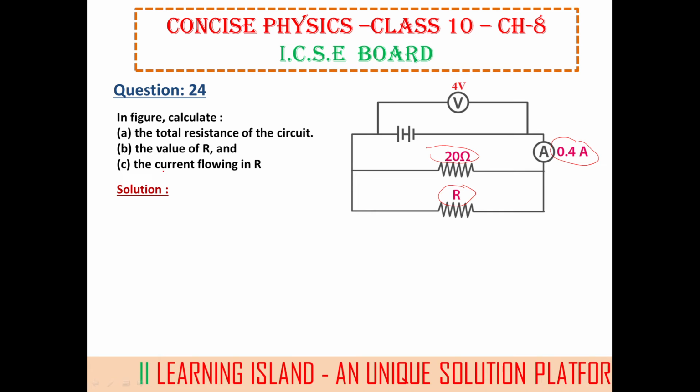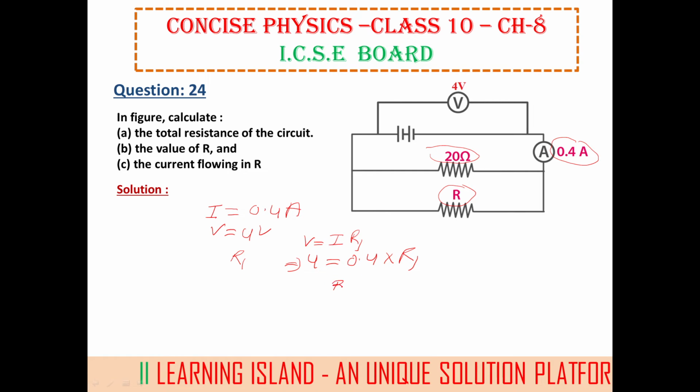Here, as the current I in the circuit is 0.4 ampere and the voltage applied is 4 volt, we can find out the equivalent resistance. If the equivalent resistance of the circuit is R1, we can apply Ohm's law, V equal to I into R1, that is 4 equal to 0.4 into R1.